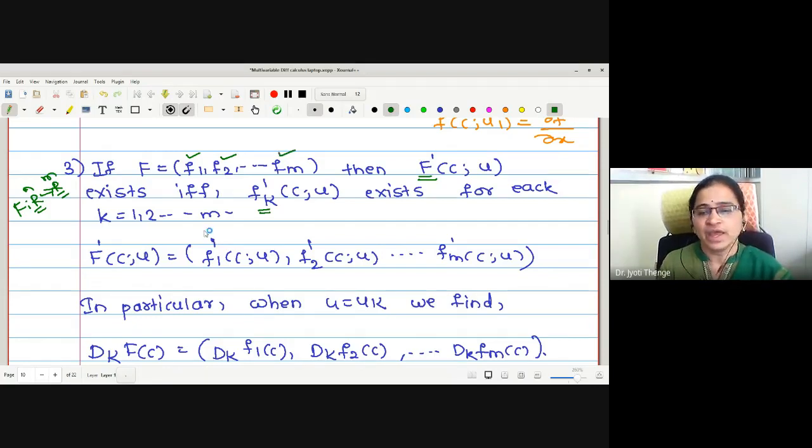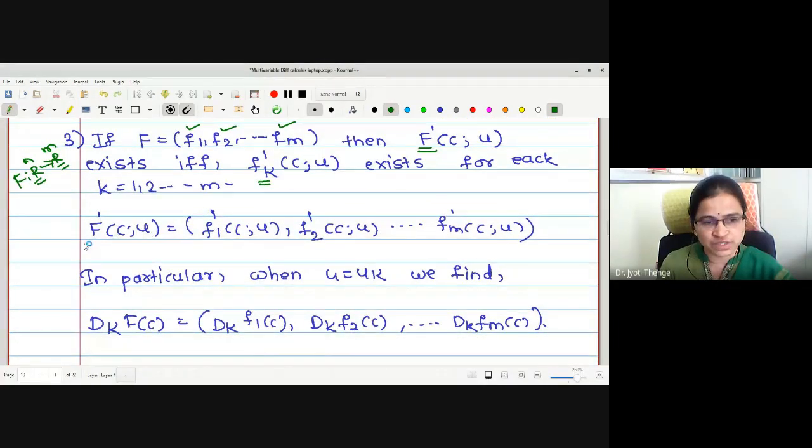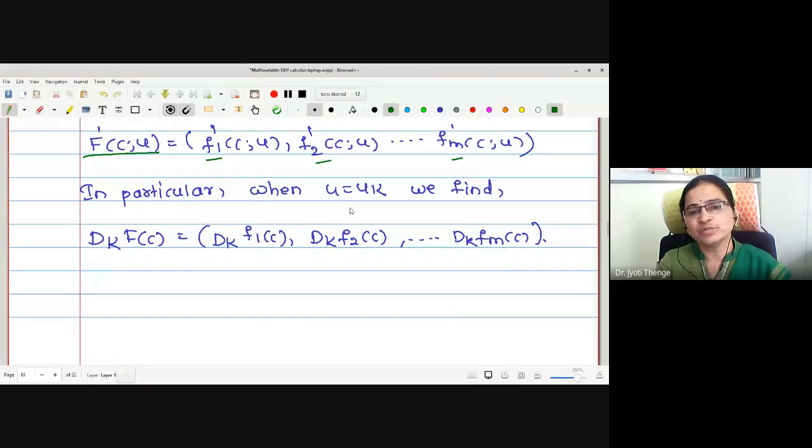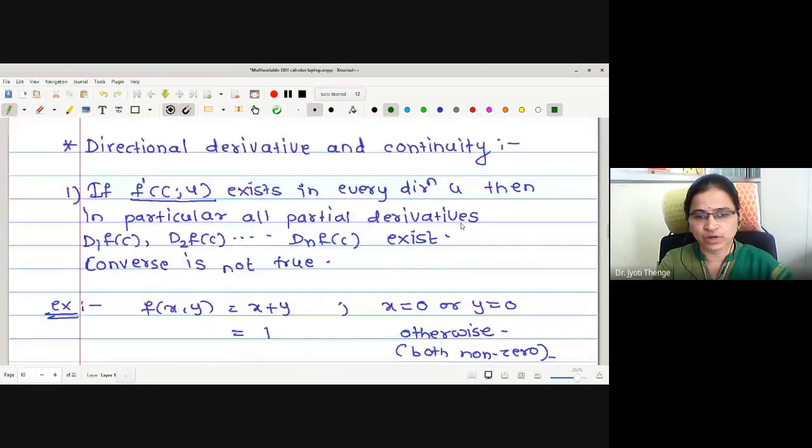That's why we were writing the directional derivative f dash of c comma u to be f1 dash, f2 dash up to fm dash. In particular, when u is equal to uk, the directional derivative becomes the partial derivative. The symbol we were using is dk. So dk f at the point c is dk f1, dk f2, and so on.